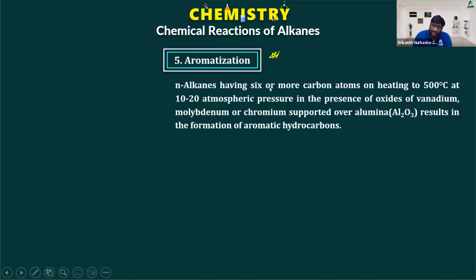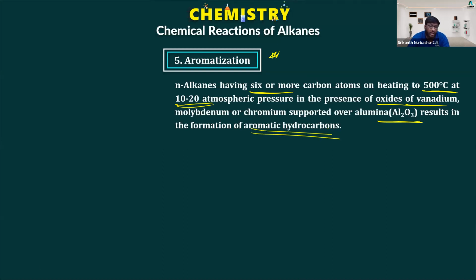So n-alkanes having 6 or more carbon atoms, upon heating to 500 degrees Celsius at 10 to 20 atmospheric pressure in the presence of oxides of vanadium or molybdenum or chromium supported over alumina, I can take Cr2O3 in Al2O3, or V2O5 in Al2O3, or Mo2O3 in Al2O3, will result in the formation of aromatic hydrocarbons.